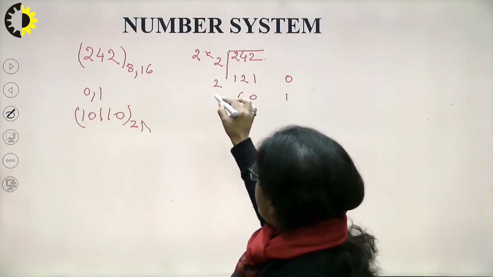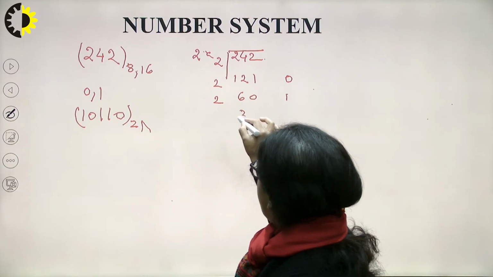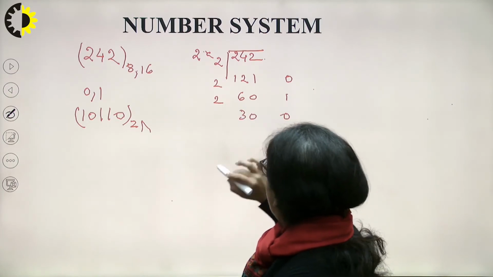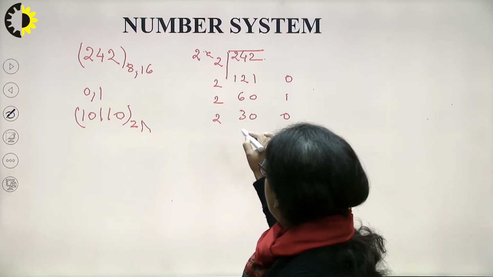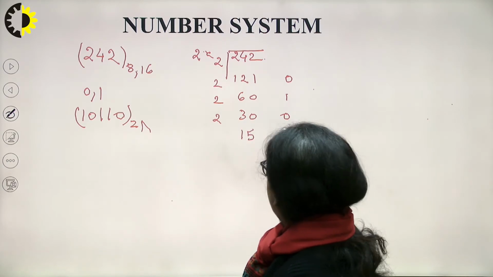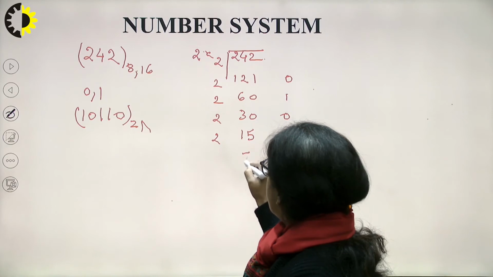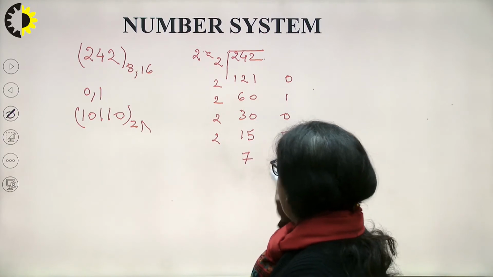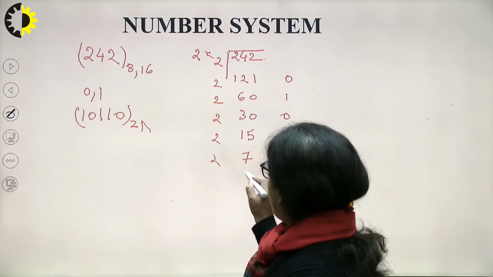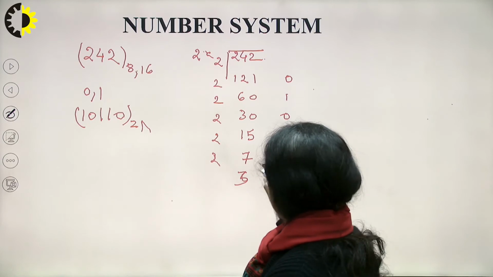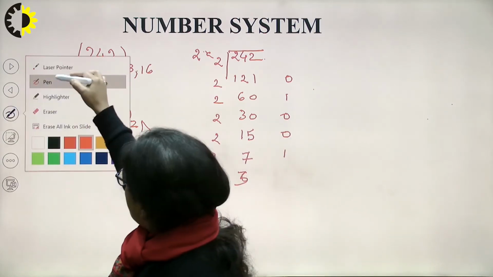Again divide by 2, it will be 30, remainder 0. Then 15, remainder 0. Then 7, remainder 1. Then 3.